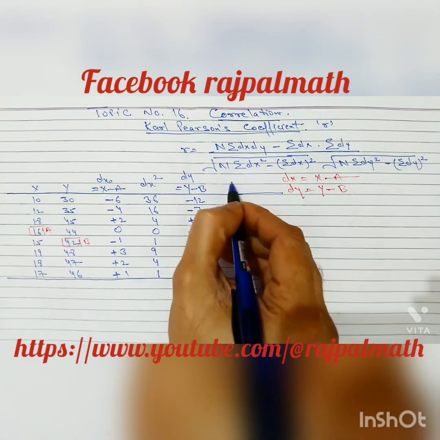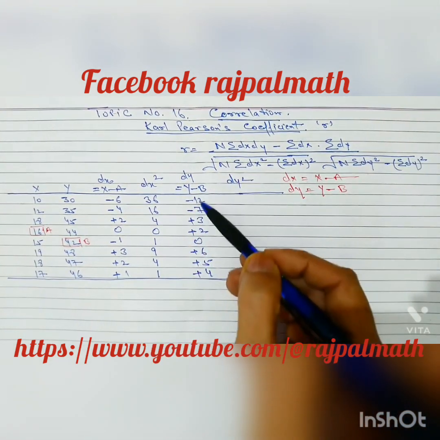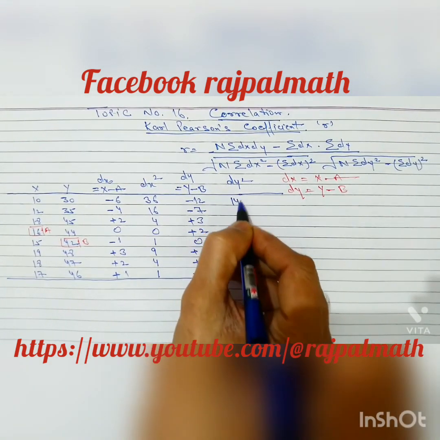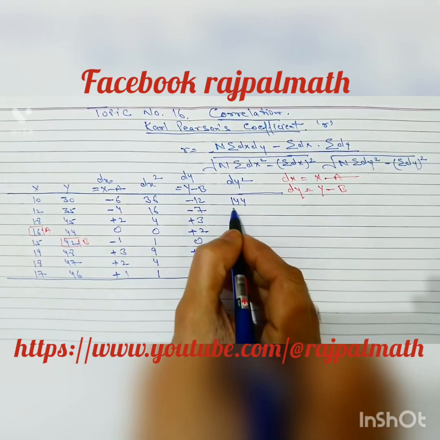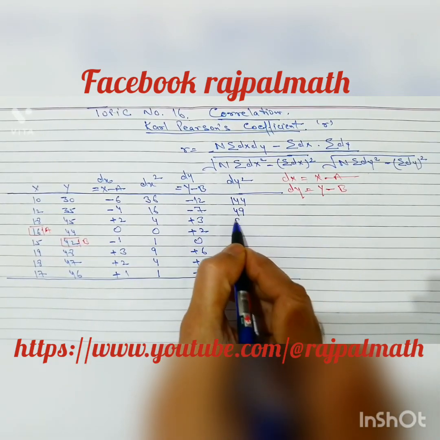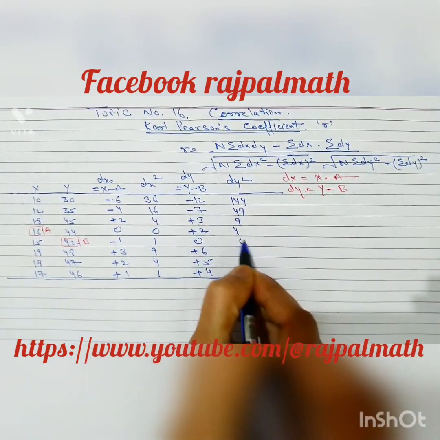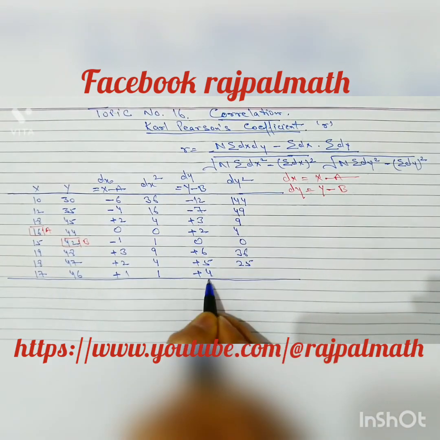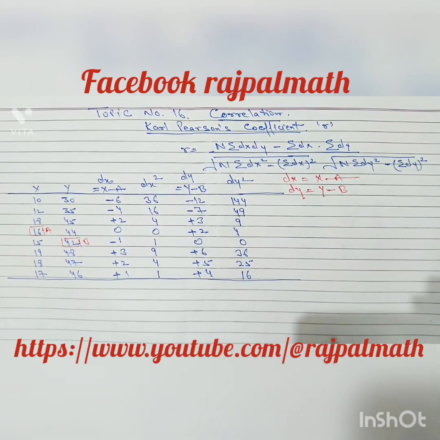Then calculate dy square: 144, 49, 9, 4, 0, 36, 25, 16.